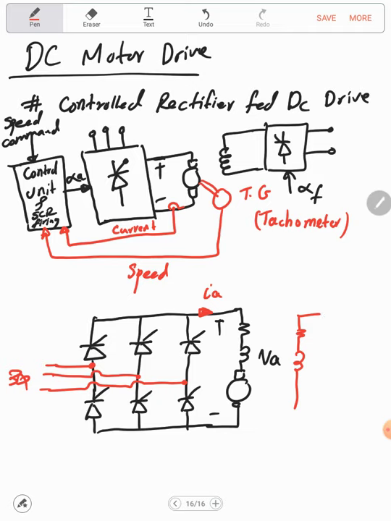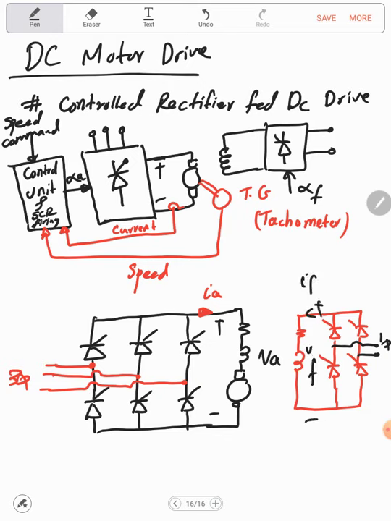Let's assume that we are using a controlled single phase rectifier. This is a single phase here, and here plus minus VF, and this will be the IF. It's also unidirectional.